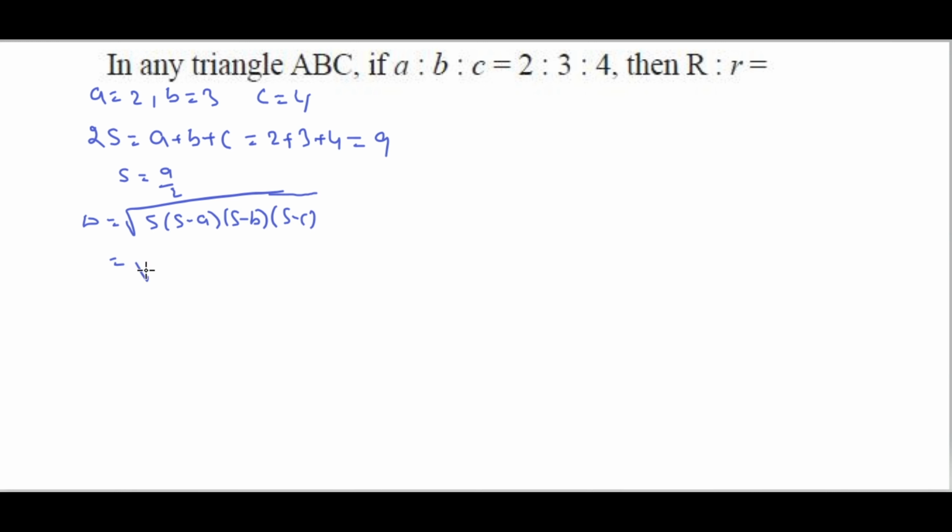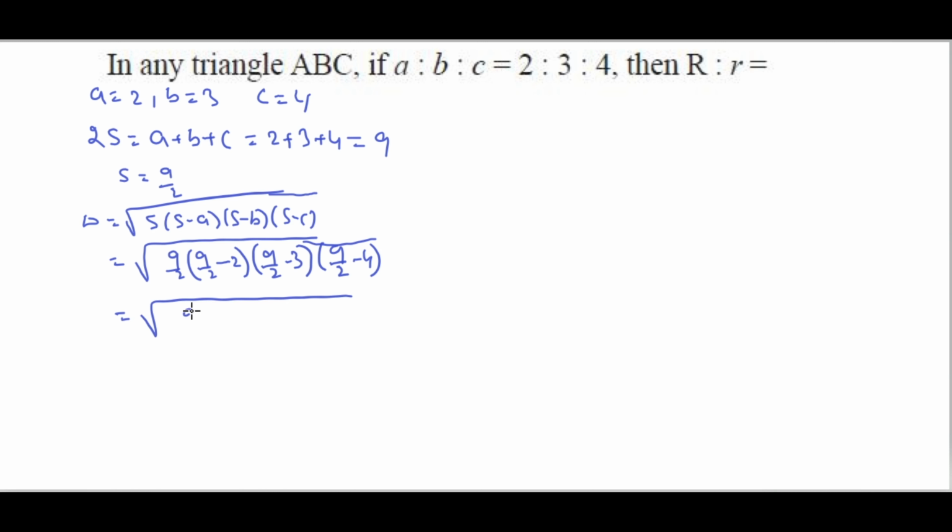So the value is under root of 9 by 2 into (9 by 2 minus 2) into (9 by 2 minus 3) into (9 by 2 minus 4). That is 9 by 2 into 5 by 2 into 3 by 2 into 1 by 2.